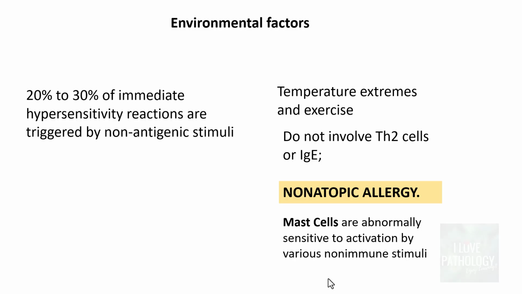What is the mechanism in non-atopic allergy individuals? It is said that in these individuals, the mast cells are very, very abnormally sensitive to activation by these stimuli, and they immediately degranulate and then release all the mediators and then all the manifestations of type 1 hypersensitivity reaction.